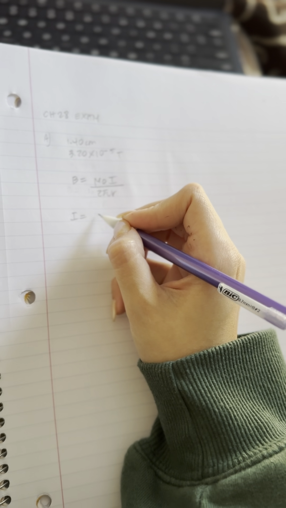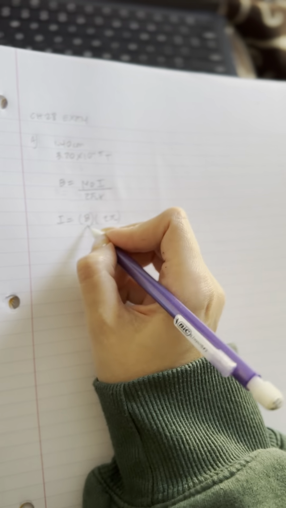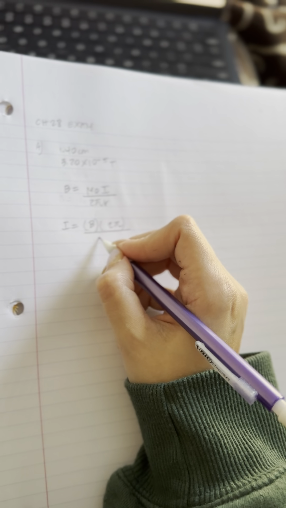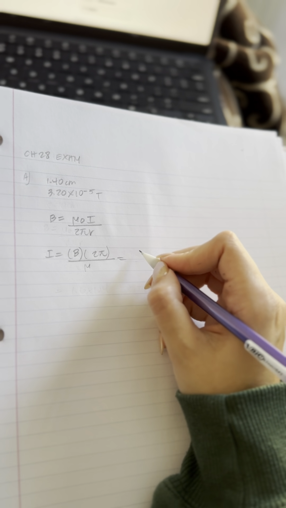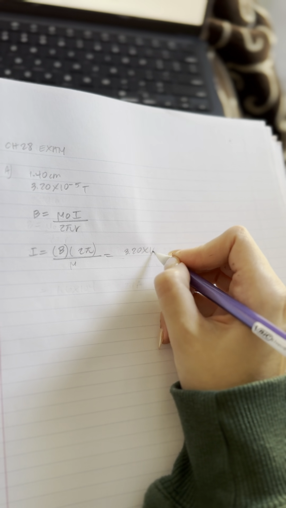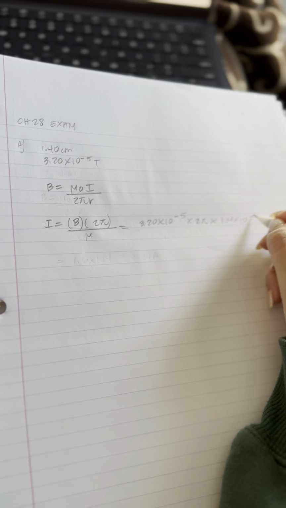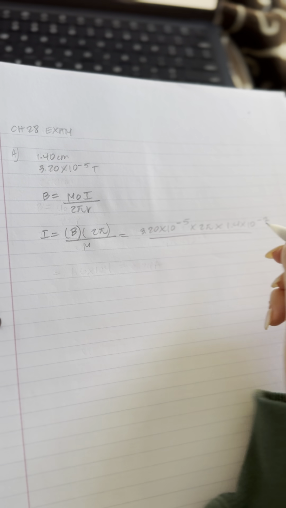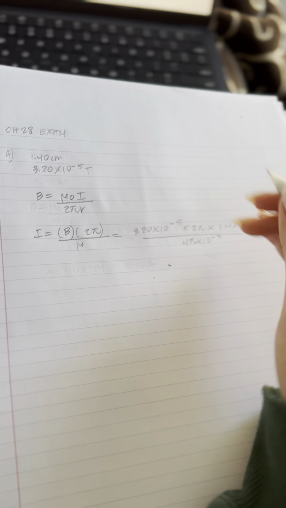So this is equal to B times 2 pi R divided by mu 0. And then this is equal to 3.20 times 10 to the negative 5th that we are given, times 2 pi, times 1.4 times 10 to the negative 2, which we're given, divided by 4 pi times 10 to the negative 7.